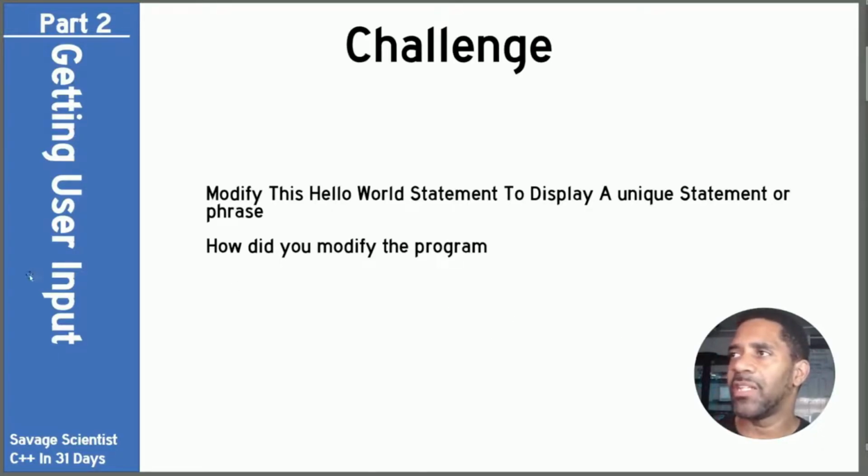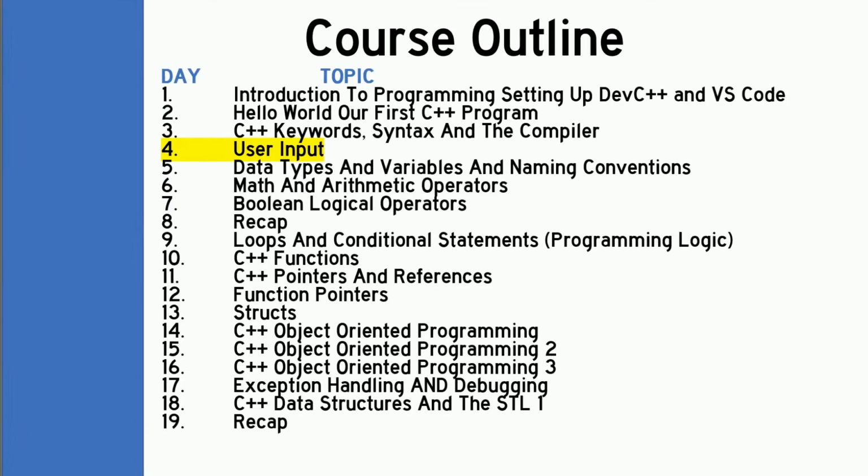Let's look at where we are here in the course. We already got our introduction to C++, setting up Dev C++ and VS Code. We already got that installed. We talked a little bit about our first C++ program, that was the Hello World that you just got done modifying.